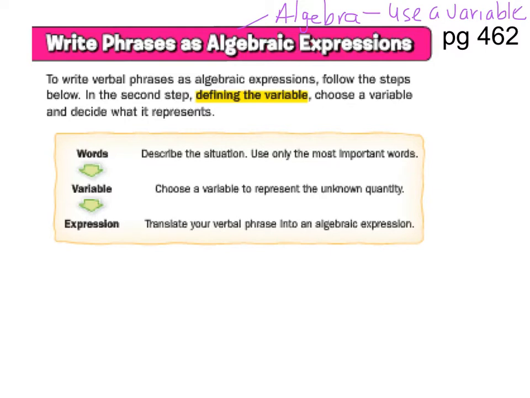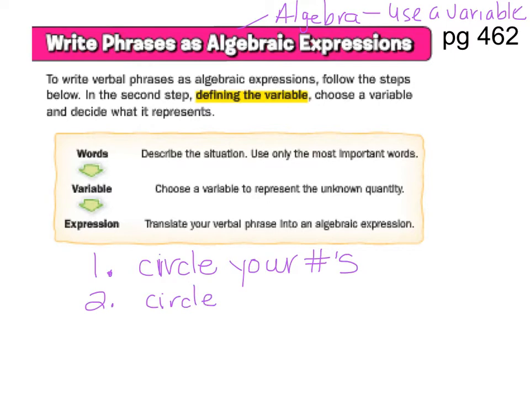Okay? So in order to do that, we should have 3 steps. Number 1, circle the numbers that they give you. 2, circle the math words, the math operation, I should say.